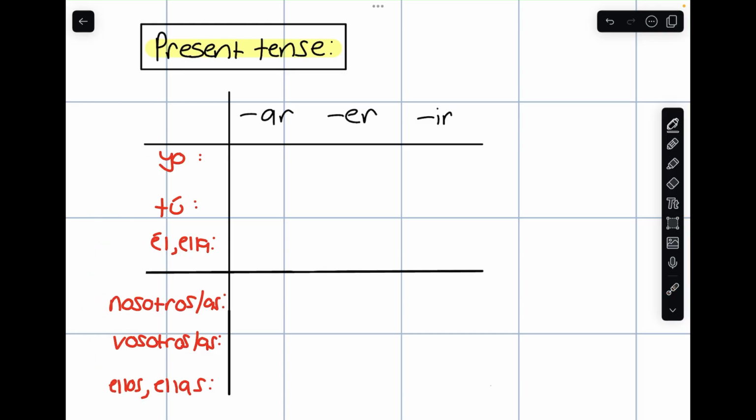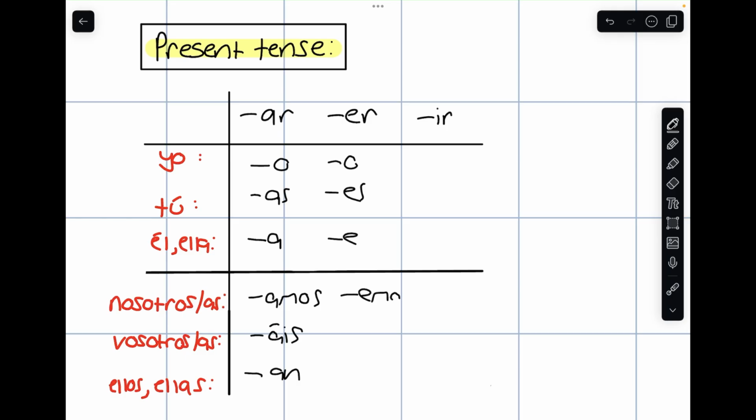Bueno. For AR verbs, we have o, as, a, amos, ais, an. For ER verbs, we have o, es, e, emos, eis, en.